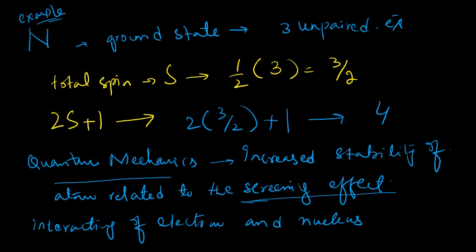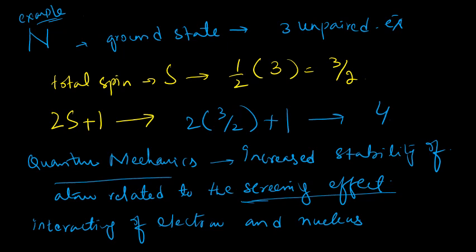How will it increase the stability? Because in the high spin state we have unpaired electrons, so an unpaired electron can approach the nucleus more closely, and the electron-nuclear interaction is increased. As a result, the screening effect decreases.